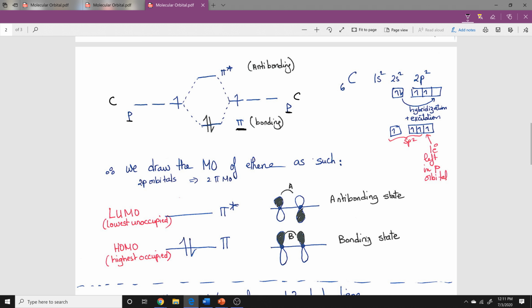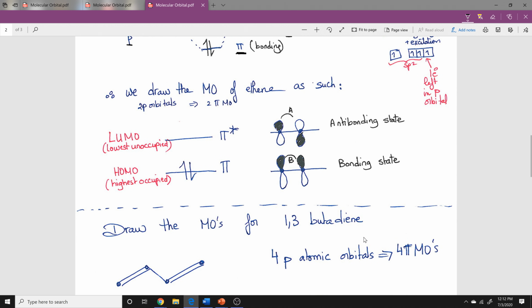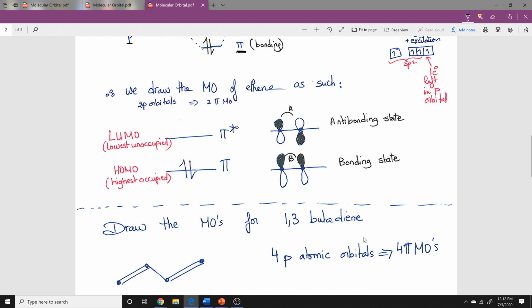Then draw its molecular orbitals and pick out the lowest unoccupied molecular orbital, and then see if there is any bonding between the highest occupied molecular orbital and the lowest unoccupied molecular orbital for both. If there is a bonding state, then this means that the reaction can happen between them and bonds can form. If there is no bonding, then this means that the reaction cannot happen.